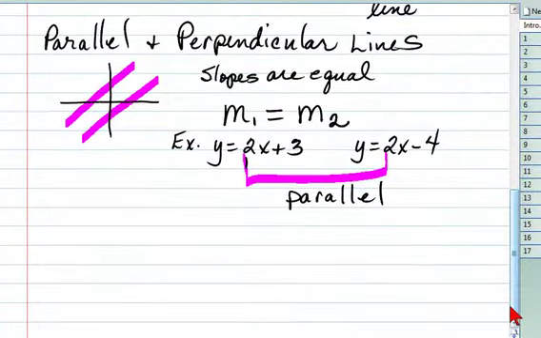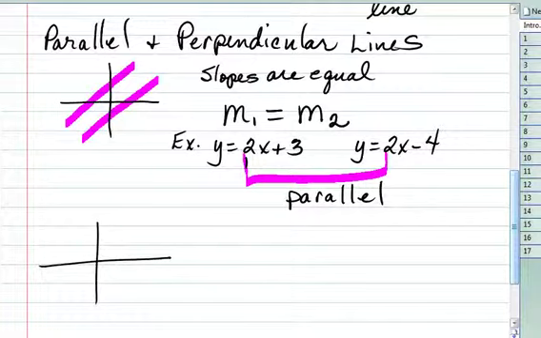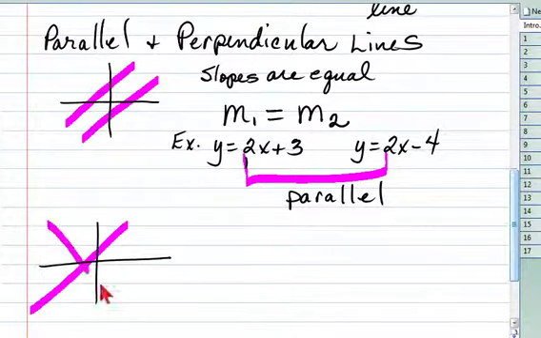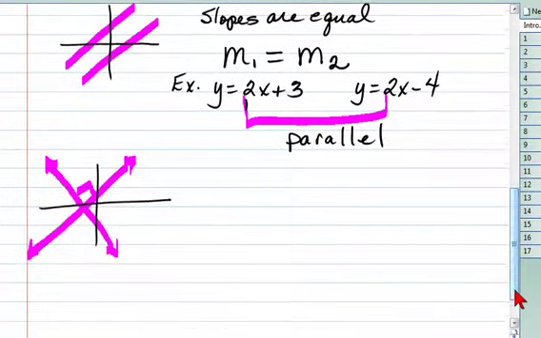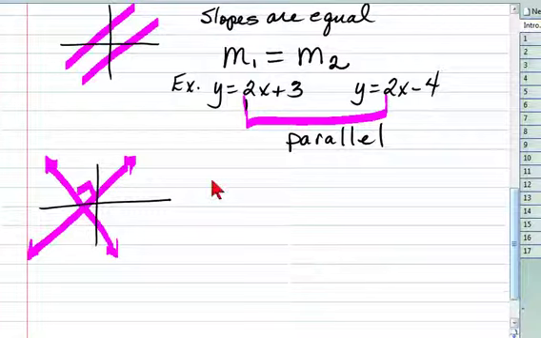Let's look at two lines which are perpendicular. And if the lines are perpendicular, then they intersect at right angles. Does anybody remember what's true about the slopes of perpendicular lines? It's the same slope, but one's positive. Okay, you have got one of the two criteria right.